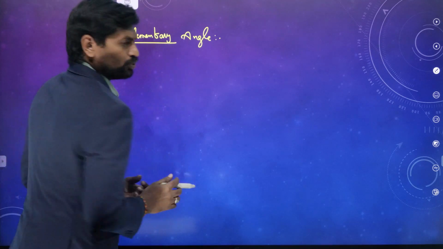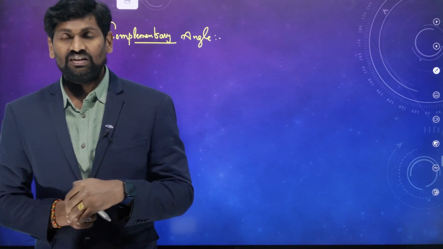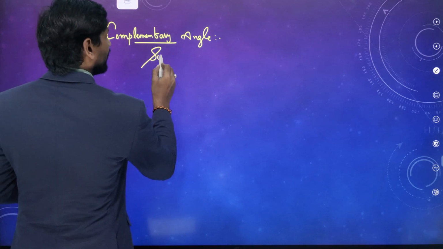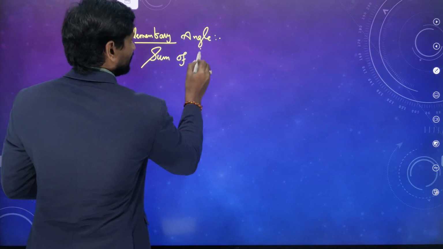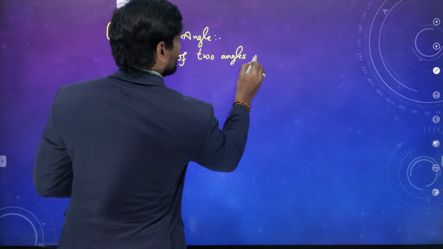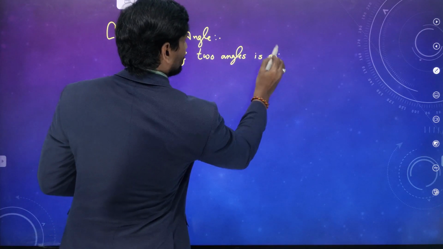When you take any two angles whose sum is exactly 90 degrees, such angles are called complementary angles. Simply, if the sum of two angles is 90 degrees, we take them as complementary angles.